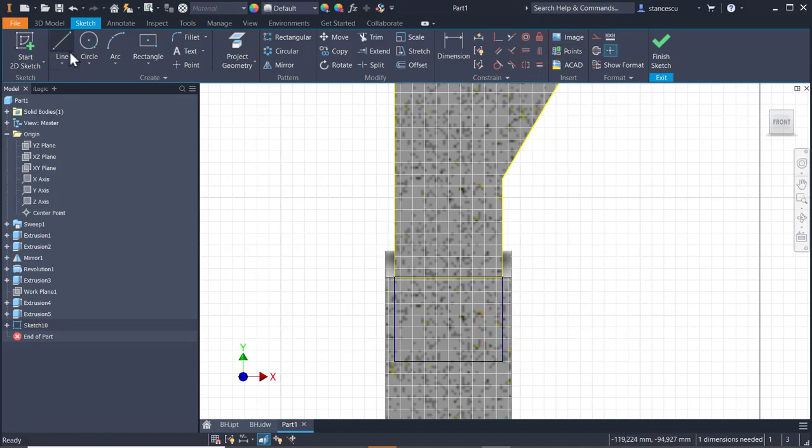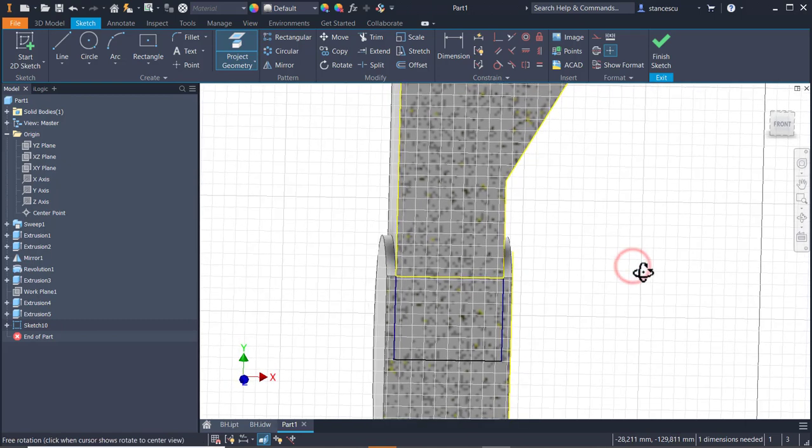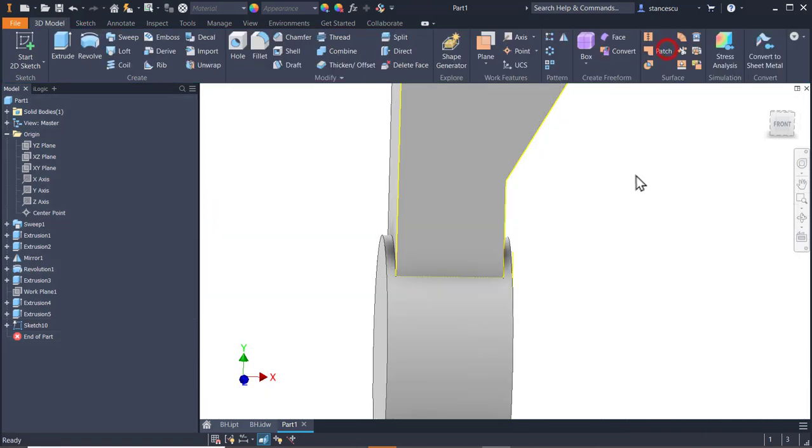I project the cylindrical face, and now I have a center point here to be on this face. This line is construction line. Finished sketch.